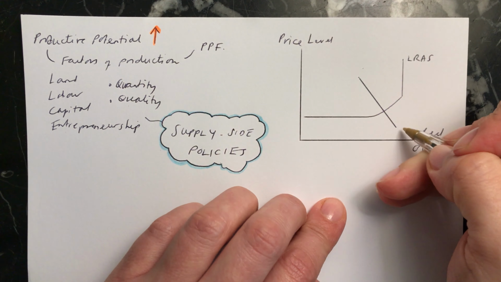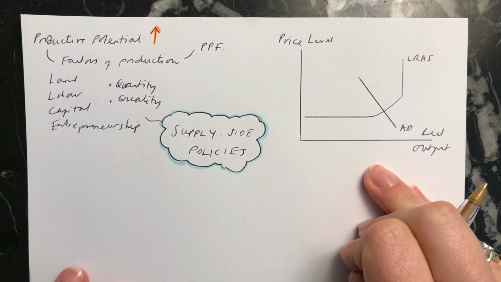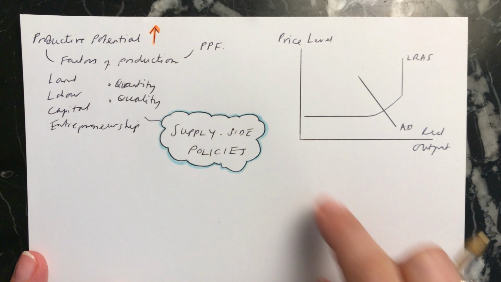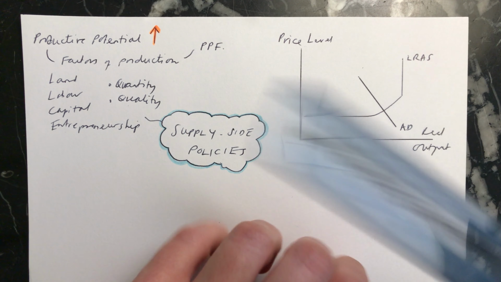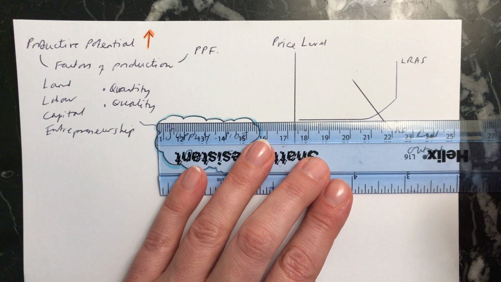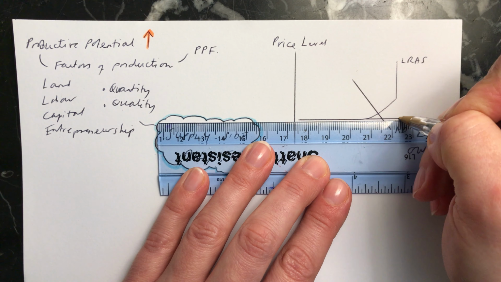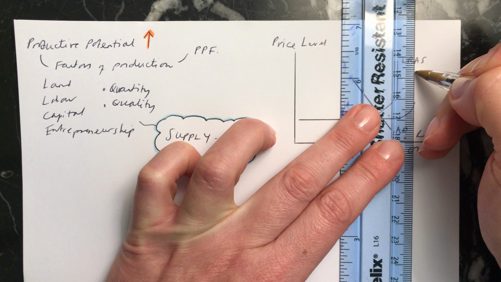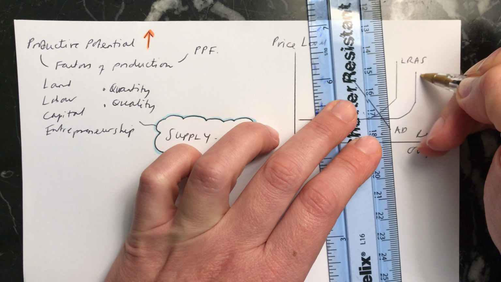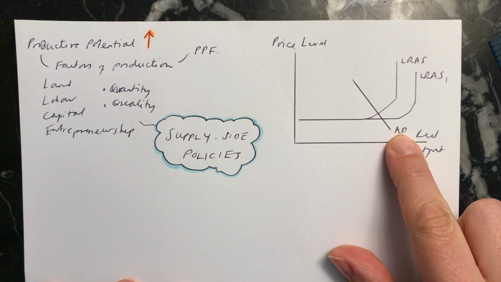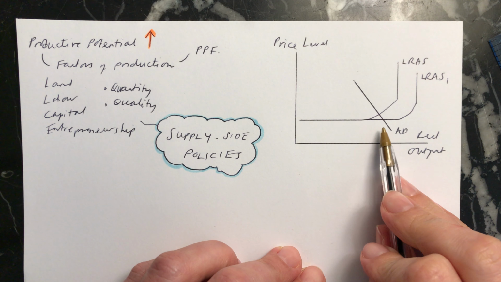So here, if we put in our aggregate demand curve, if we have a successful supply-side policy, this will increase our productive potential. Therefore, we're capable of producing more, and your LRAS curve will shift to the right, like this. And in the diagram that I've drawn, because of where I've put my aggregate demand curve, you are now capable of producing more.